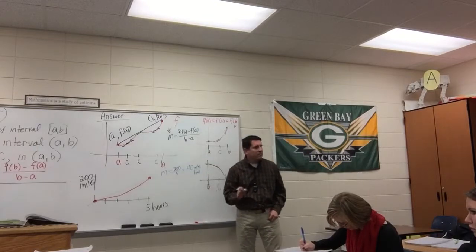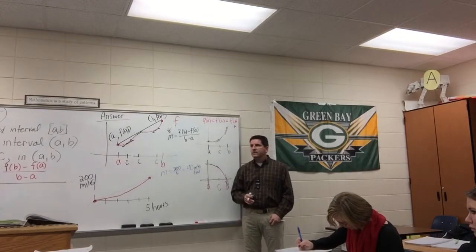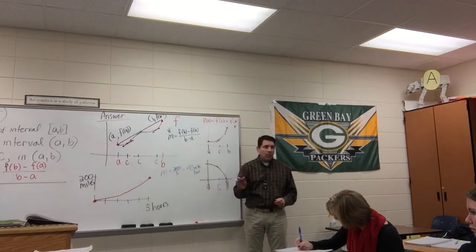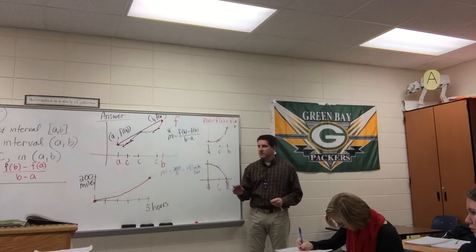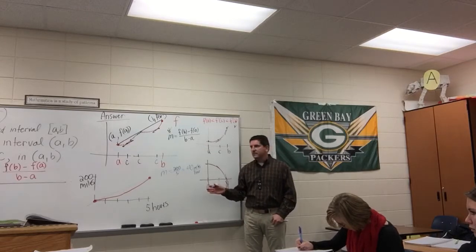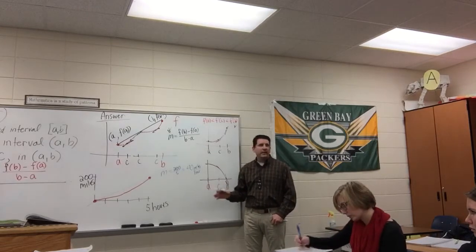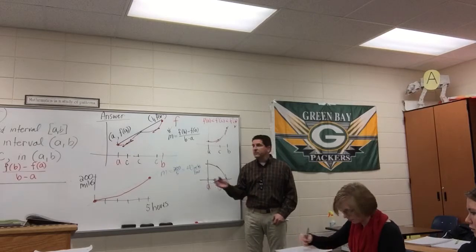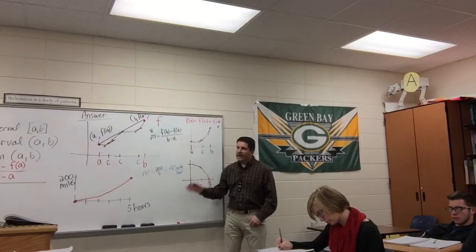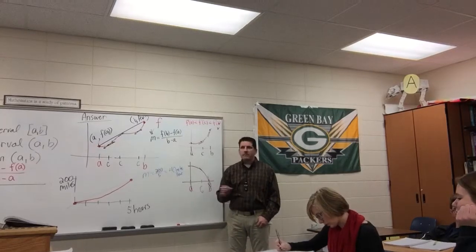Mean value theorem. What does mean value theorem tell me? At some point, I had to have gone 40 miles an hour. Exactly. I had to go exactly 40 miles per hour. Even though sometimes I went slower, sometimes I went faster, the deal is I had to go exactly 40 at some moment.